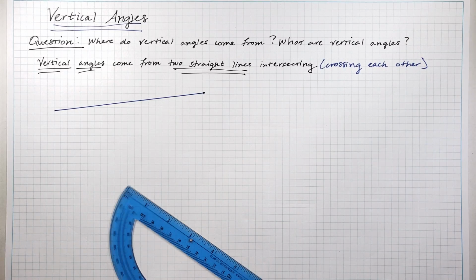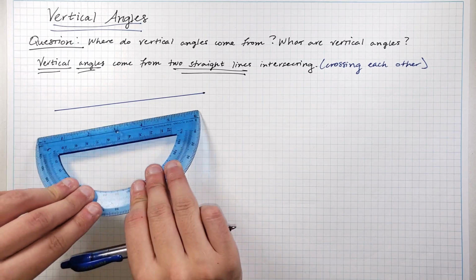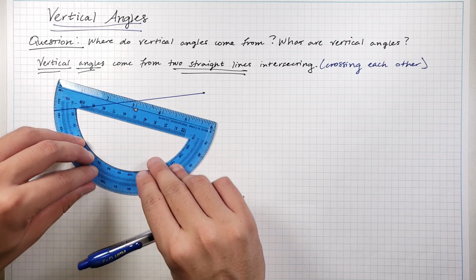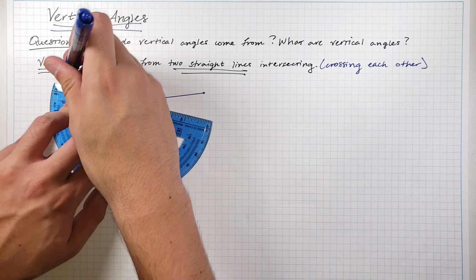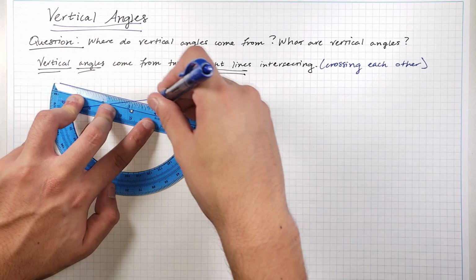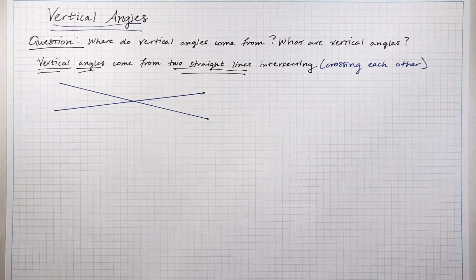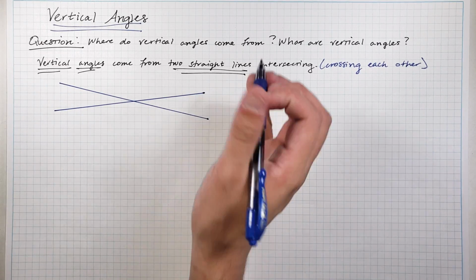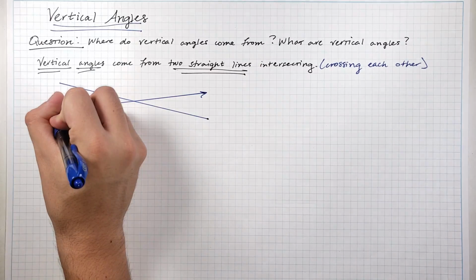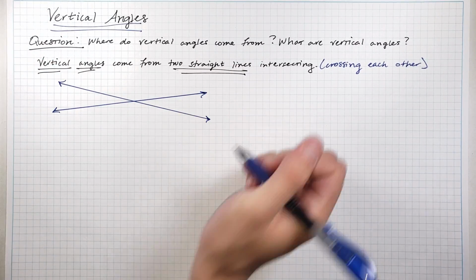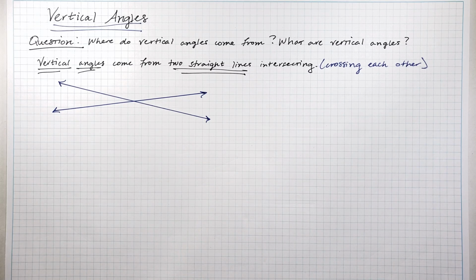We need to draw another straight line that crosses this one, and I'm going to draw it like this. So far we have two straight lines. Let's say they go on forever in their directions. So we have two straight lines that are intersecting each other.